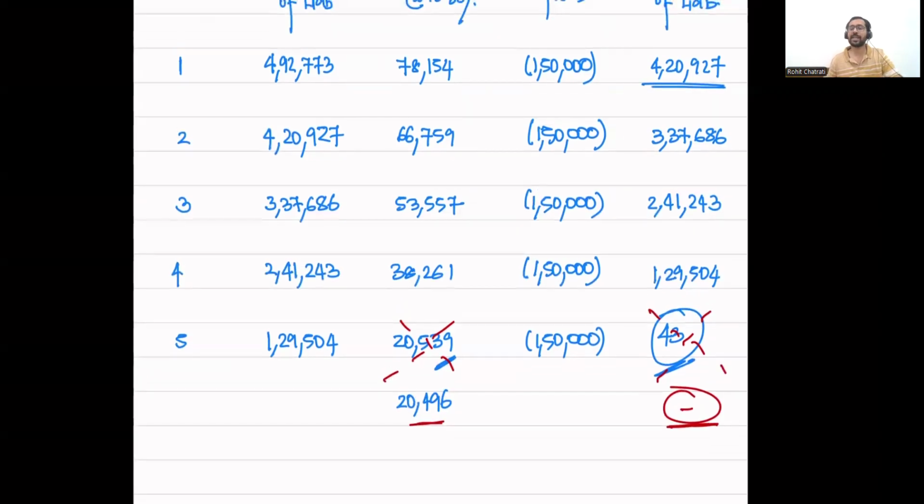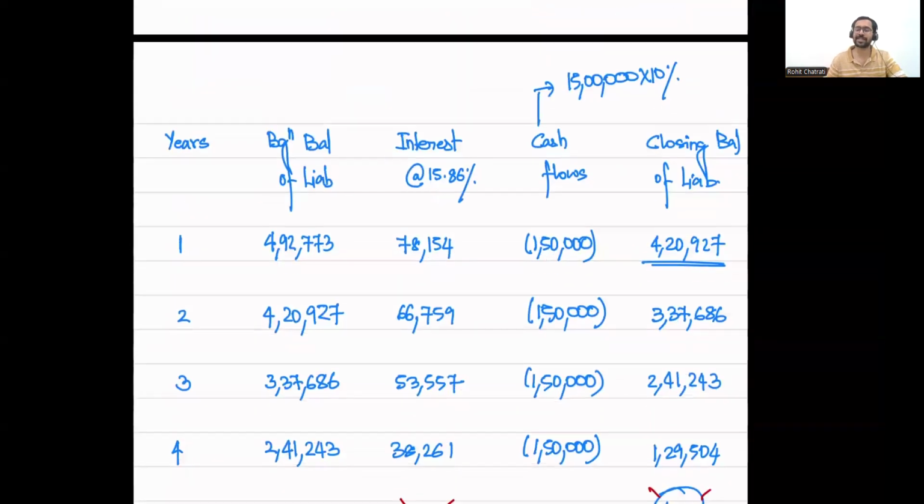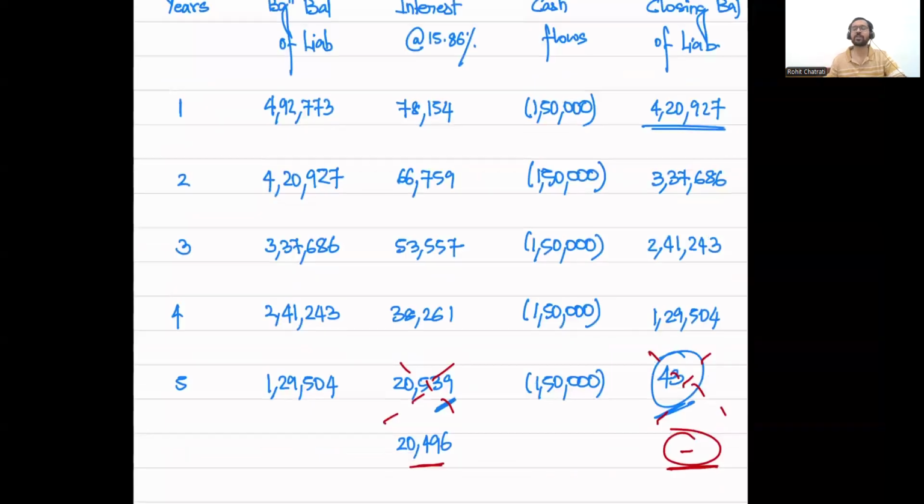Whereas over here, at the end of the fifth year, we have zero balance because we are not going to have an obligation to pay the principal amount in the form of cash. That is the reason why we have a value of zero over here, whereas in illustration 2, we were left with some liability balance.